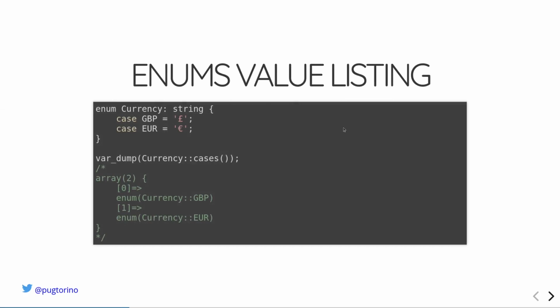There is another nice function in enum, that is cases, that gives you the list of all the possible values of the enum. In this case, it will return an array of two elements, with the GBP and euro values.